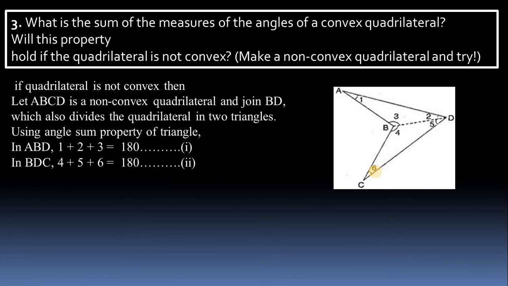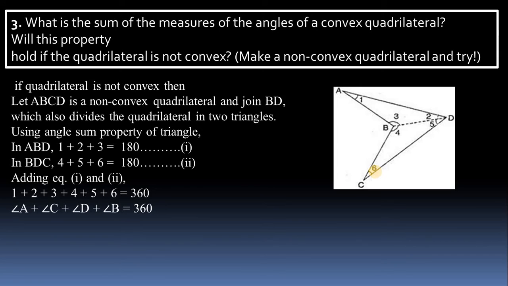You just add them and you will get 360. Here angle 1 is nothing but A, and what about C? It is nothing but 6. And what about D? D means the addition of 2 and 5. If you want you can arrange that, otherwise you can directly write A plus C plus D plus B, whatever it is, 360 degrees.